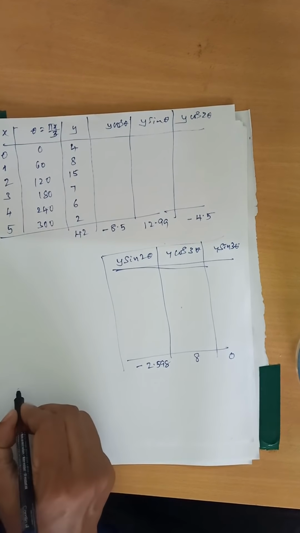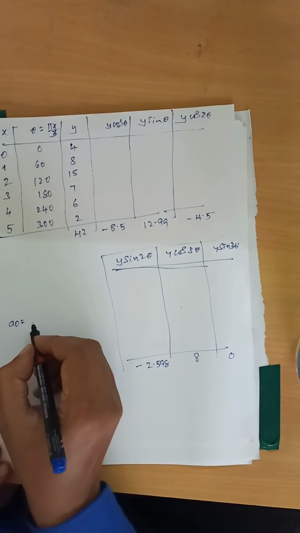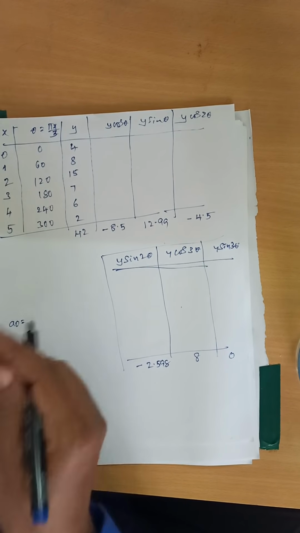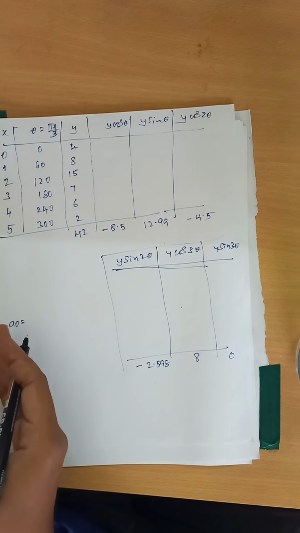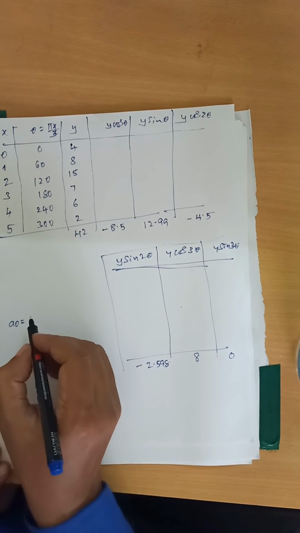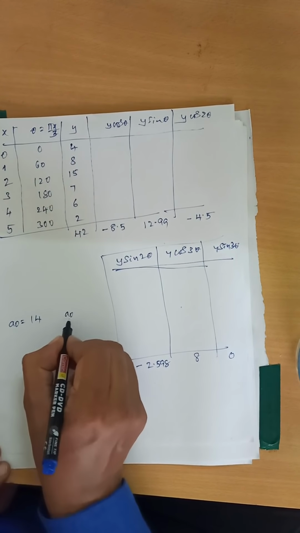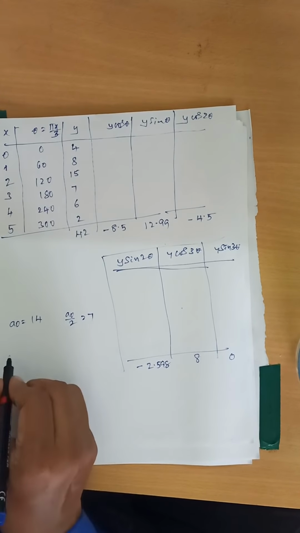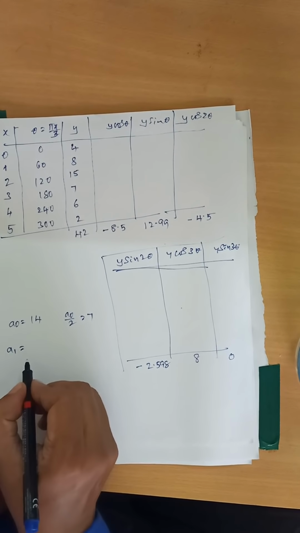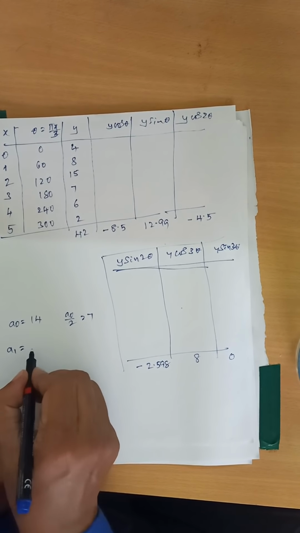A0 I can write directly. You are familiar with the formula for A0, always 2 by n summation y, that is 14. A0 by 2 is 7. A1 formula is 2 by n summation y cos theta.